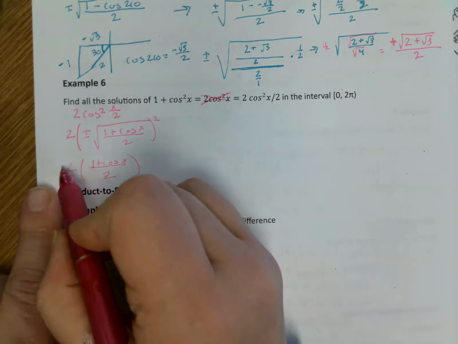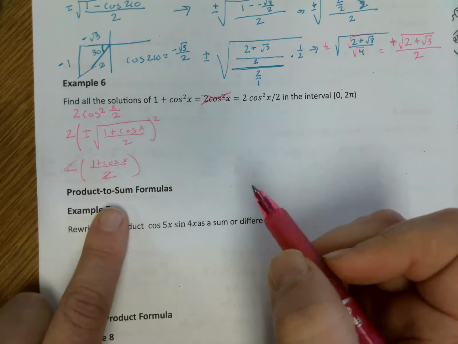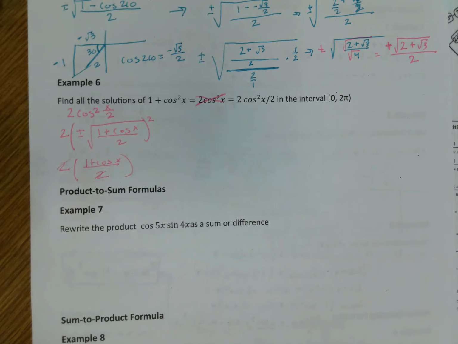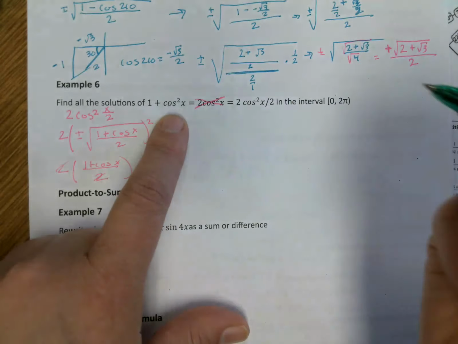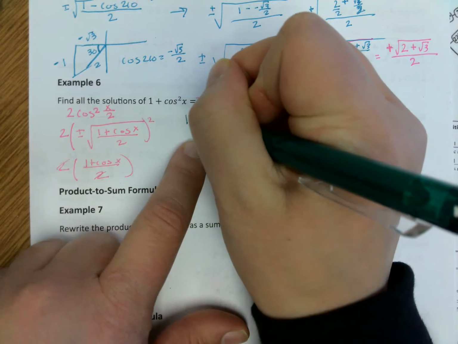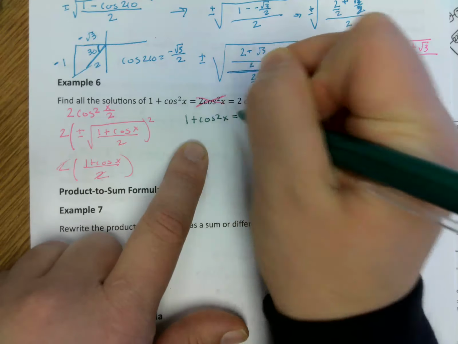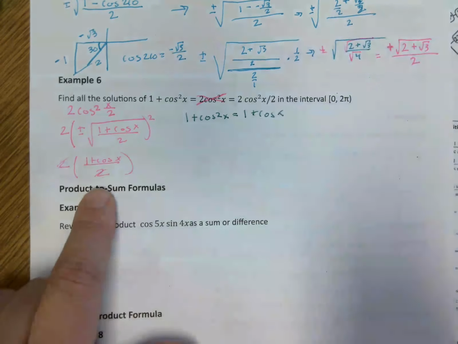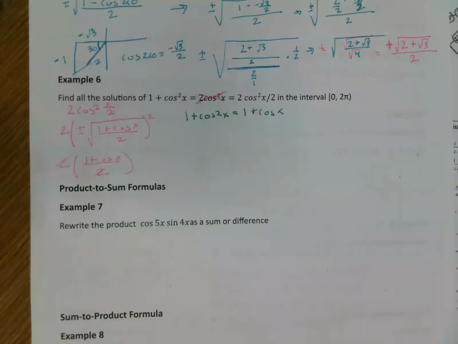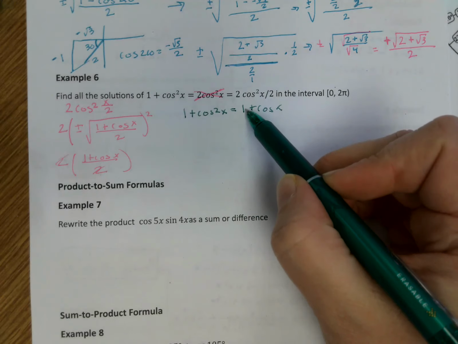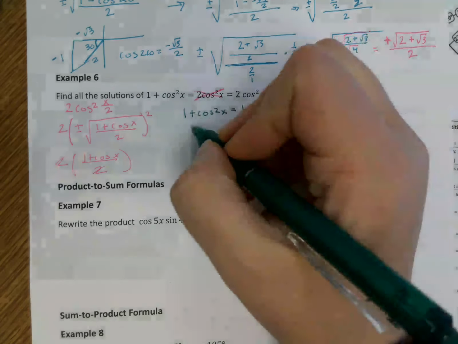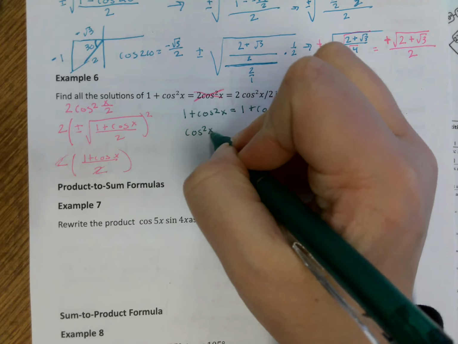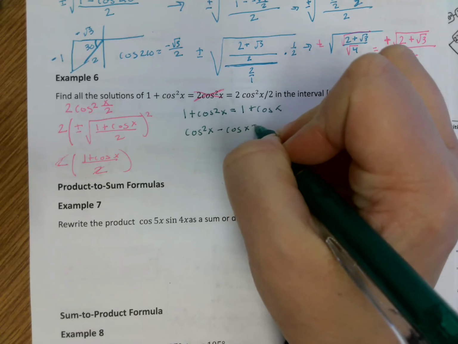And now this 2 and this 2, these two cancel each other out, leaving me now with the left-hand side, which we didn't touch anything with at all. So the 1 plus cosine squared x is equal to the 1 plus cosine x that we just simplified down to. So now whenever we're solving, I'm going to move over that 1, I'm going to move over that cosine, so I'm going to have a cosine squared x minus cosine, because my x's will cancel.